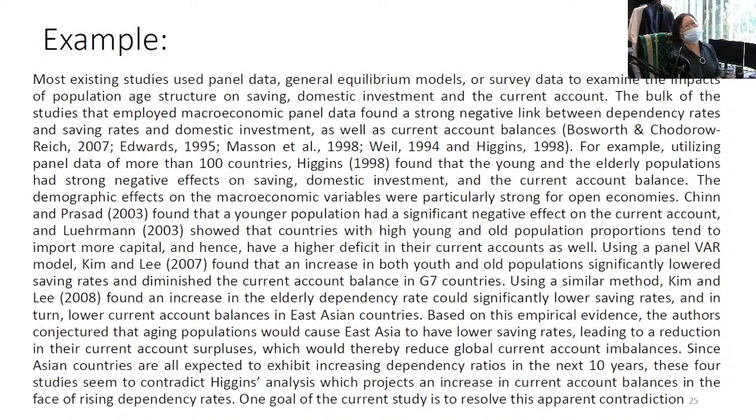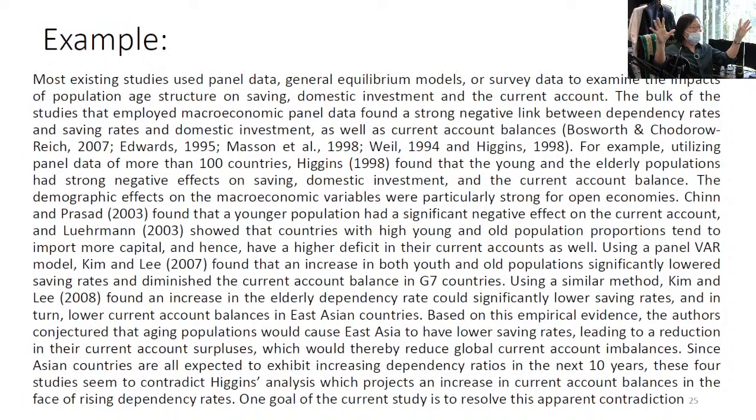This is an example where we discuss population aging and the impact on macroeconomic variables. You see the author starts: most existing studies use panel data, general equilibrium models, or survey data to examine the impact of population age structure on saving, domestic investment, and the current account.